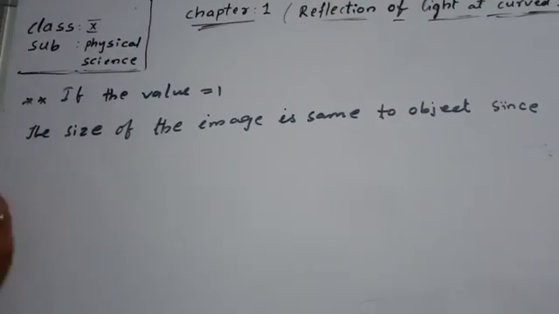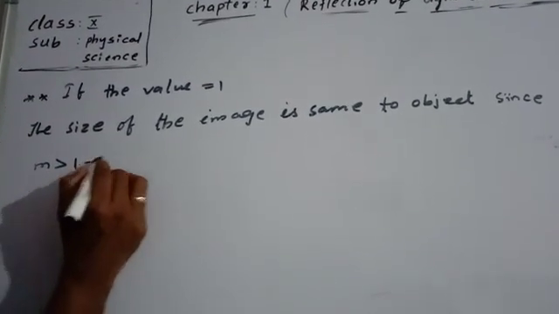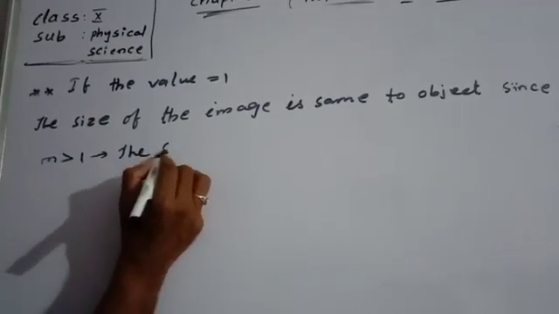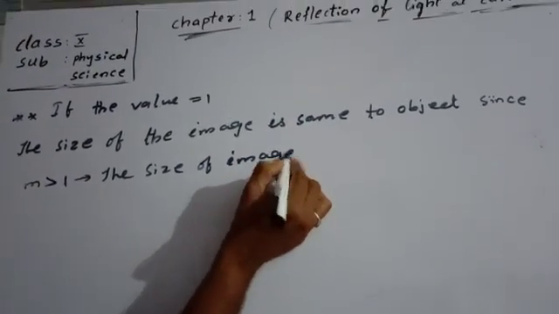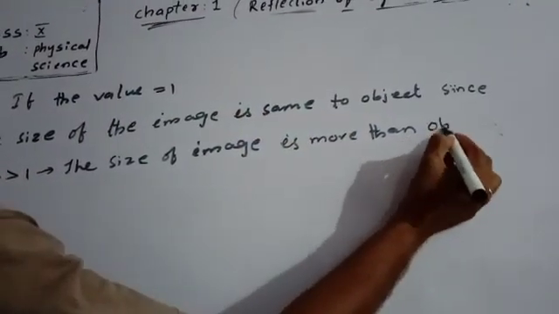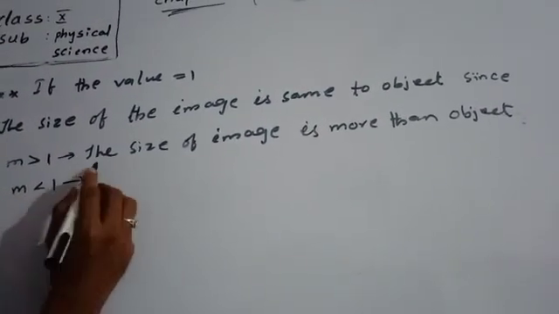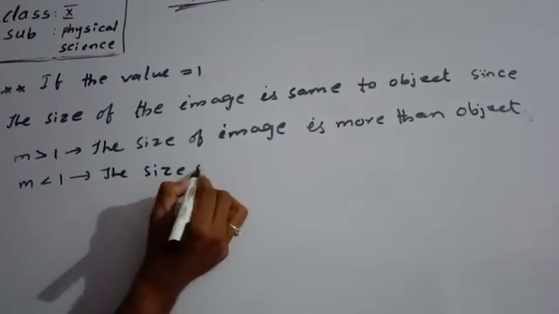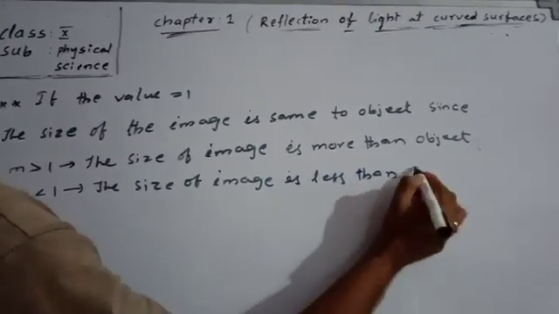Clear? And then the other conditions are there. If m is greater than 1, the size of image is more than object, and if m is less than 1, then the size of image is less than object.